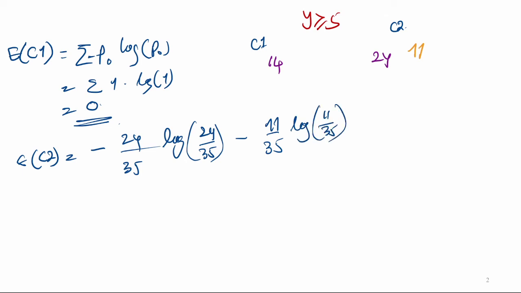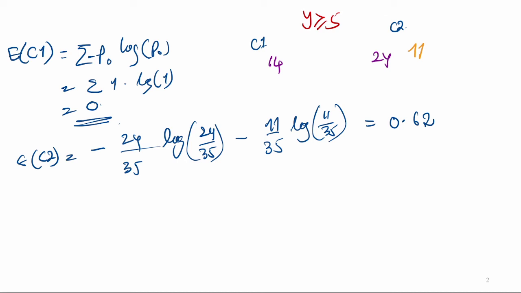Let me calculate this directly: 24 over 35 times log 24 over 35, minus 11 over 35 times log of 11 over 35. This is giving us 0.62 as our entropy.